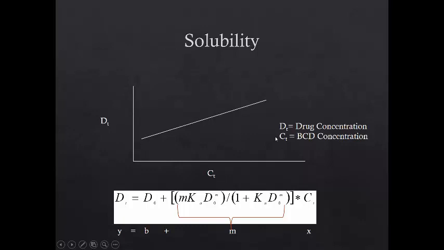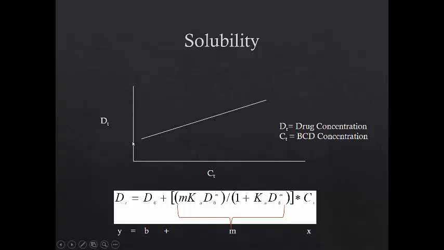Now, that relationship is described by this crazy equation. Our drug concentration at point T will be equal to our drug concentration when there's no cyclodextrin in here. This is a 0, because there's no cyclodextrin. So that's our y-intercept, because this represents a cyclodextrin concentration of 0.